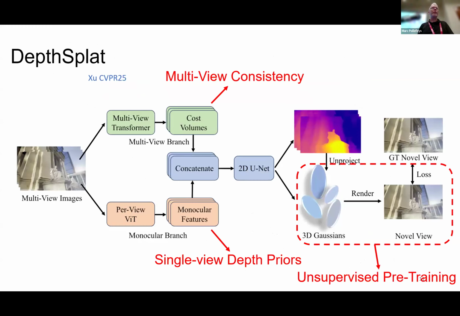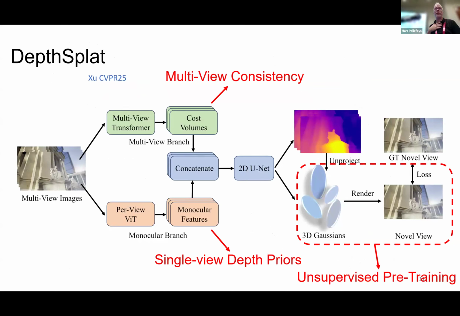Then, of course, we also do a number of feed-forward things if we want to get visual representations. Here's some recent work on going immediately feed-forward from a few images to a Gaussian splatting representation. It uses two different ways to extract information.